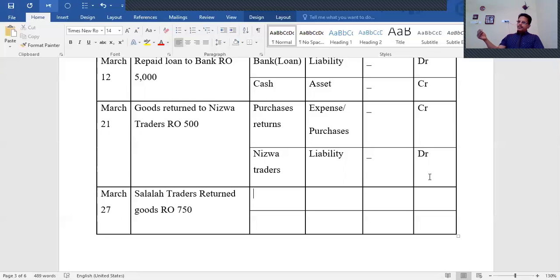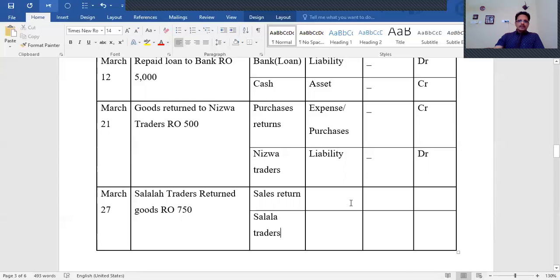And purchase return is normally called return outward, because you return it to the supplier, return outward or kharijiya. So now Salala traders return goods. The two accounts are sales return, and Salala traders.